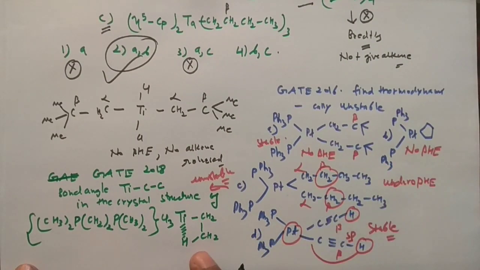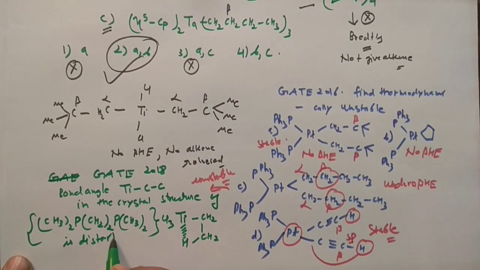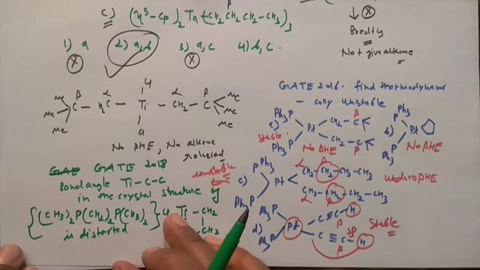agostic interaction, and they have drawn this structure and asked the question: the bond angle in the given crystal structure between titanium, carbon and carbon is severely distorted due to, and they have given you 4 options.